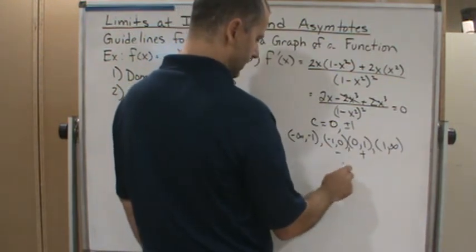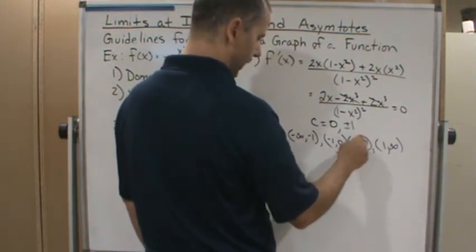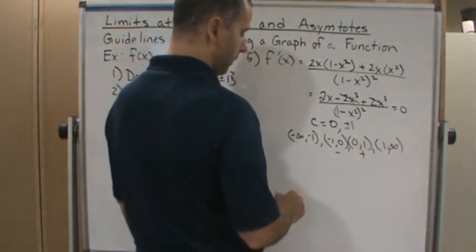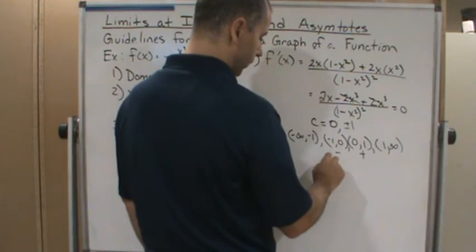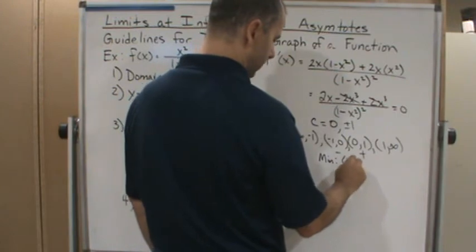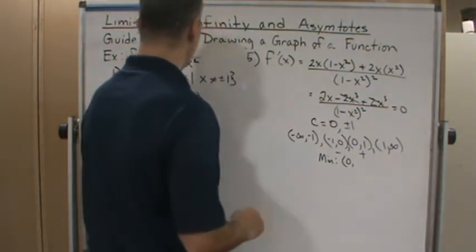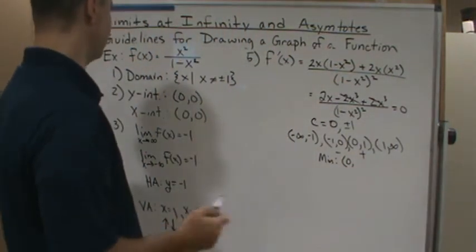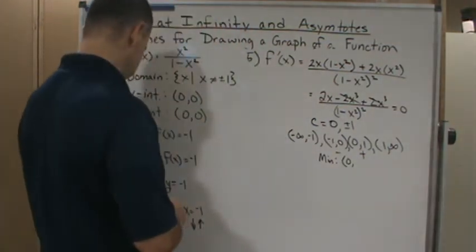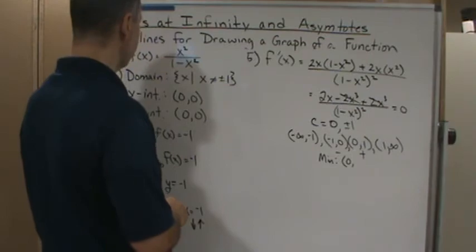So that means at 0, I have a minimum value, a local minimum. So a local minimum at 0 comma what? Well, that's going to happen at the origin, it looks like.